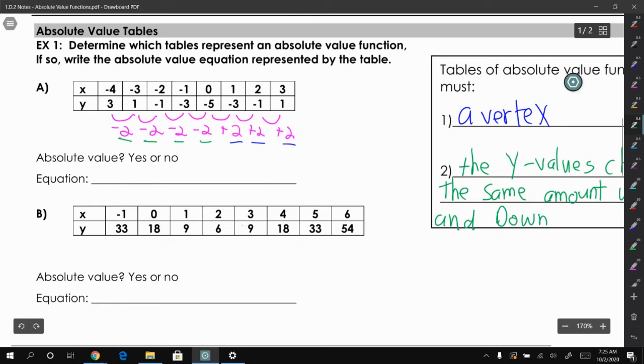So then what is the vertex? The vertex is going to be that point where we change. Right here at (0, -5), that's when we went from going down by 2 to up by 2. So this is my vertex.